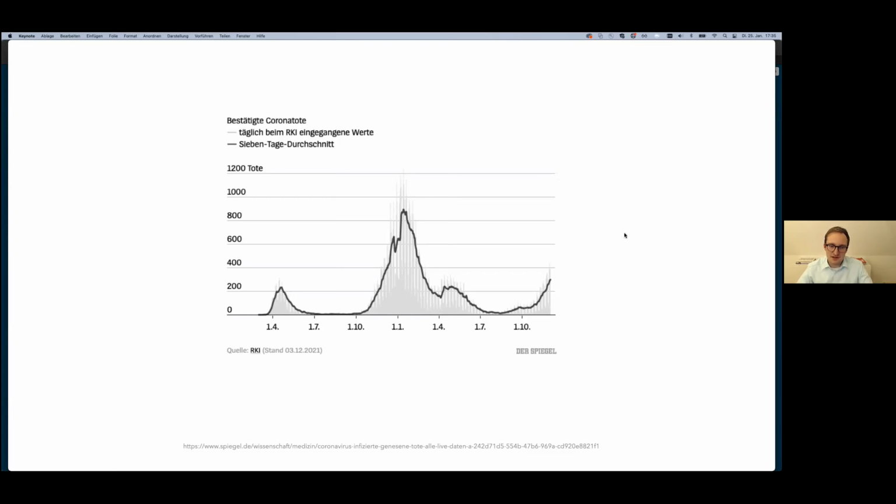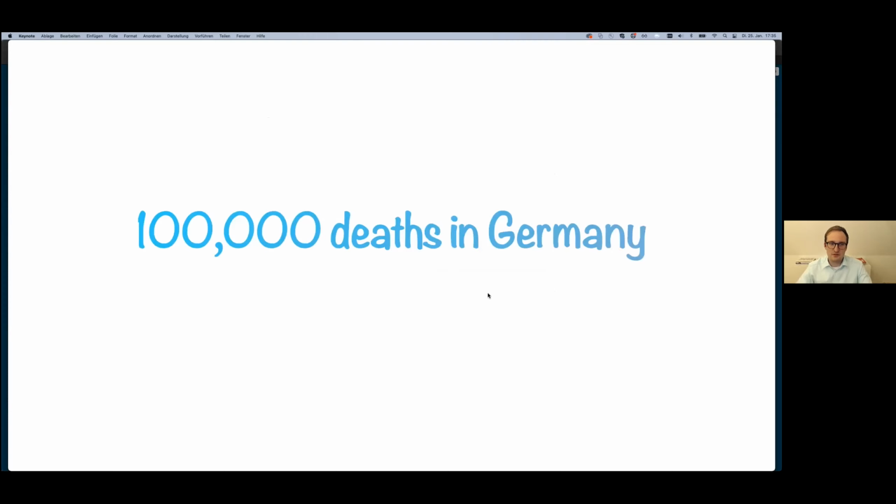And at the end of last year, we had a situation in Germany that we surpassed 100,000 deaths. And we thought, well, this is now maybe a date that we could use to retell this story about the coronavirus deaths in Germany.